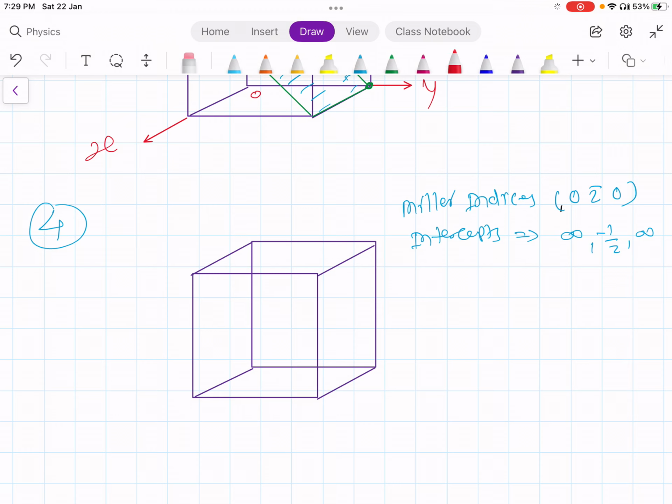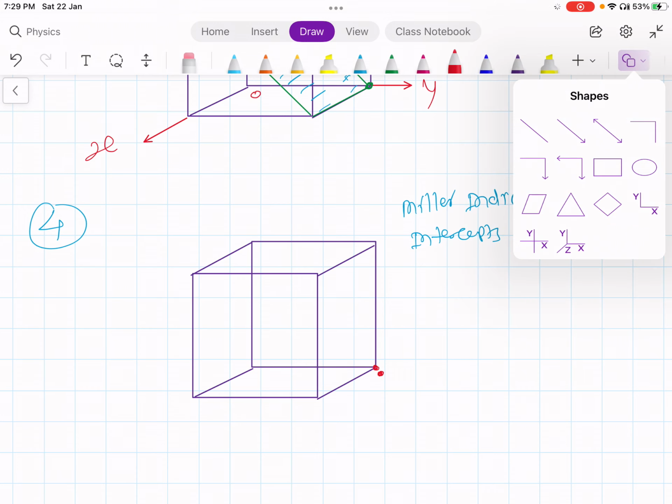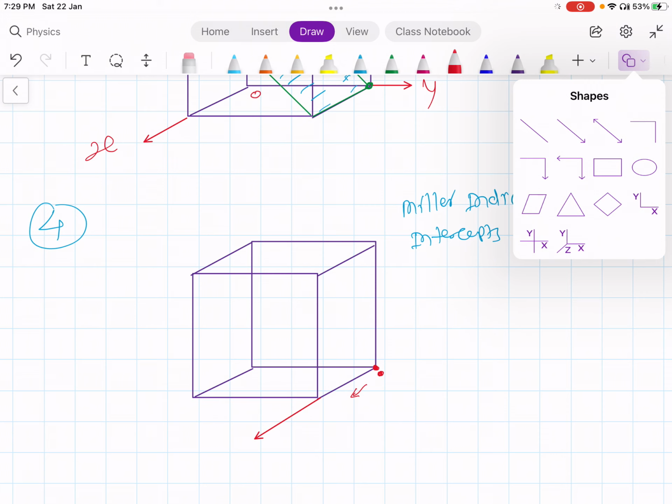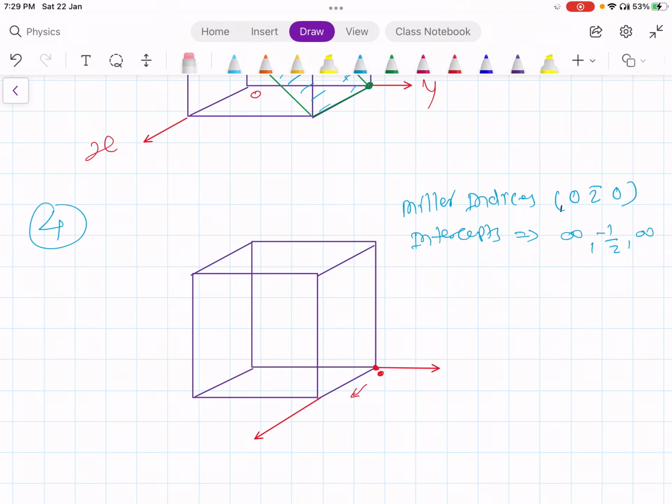So you have to select this as the origin. So this is the origin. I told you in the earlier lecture that if this is the origin, this side of x is positive, and this side of y is positive, so this side is negative. Similarly, this side of z is positive.